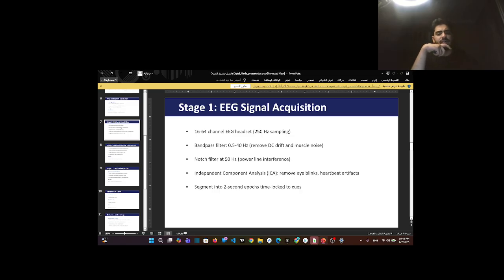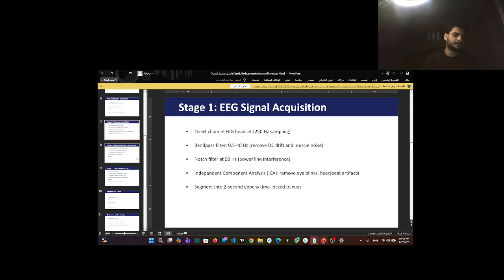Finally, the signal is divided into short segments, usually around 2 second epochs, which are time-locked to user cues. This pre-processing step is important because if the input signal is poor, the decoder output will also be poor.